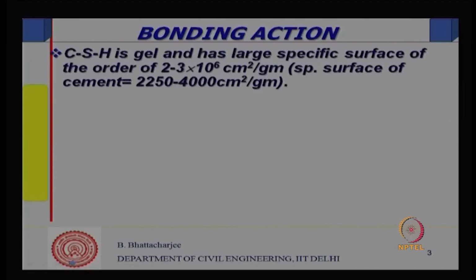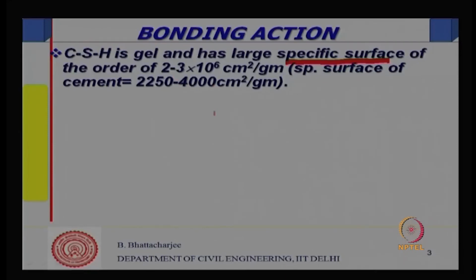Now, last class we were mentioning that CSH gel has large specific surface. It has a gelatinous structure and large specific surface, and the order of this specific surface is 1000 times more than that of the cement.